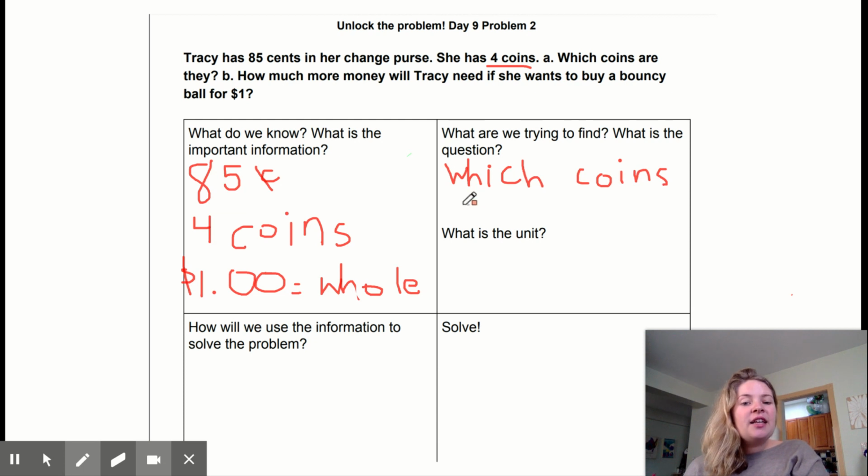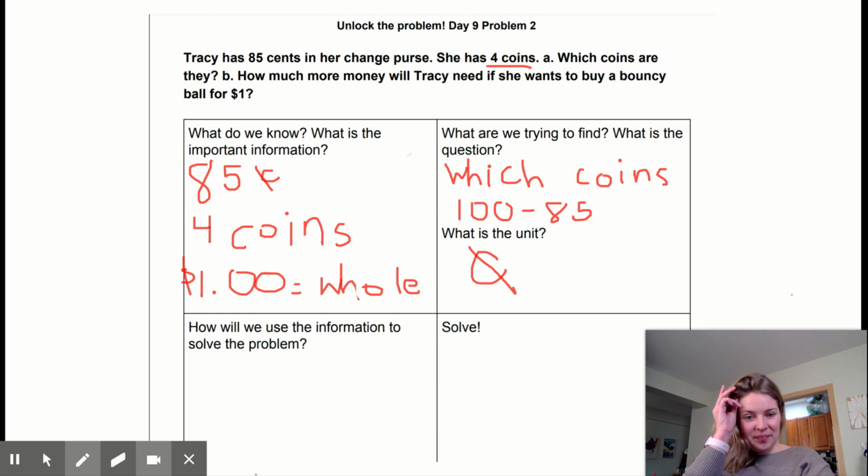And then we need to find 100 minus 85. That's part 2. Remember, in these 2-step problems, you need to be solving for both steps. What is the unit? The unit is cents. We're dealing in cents here.